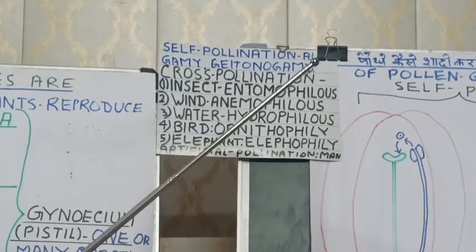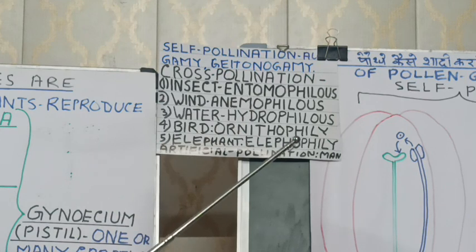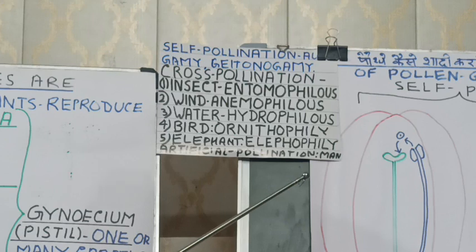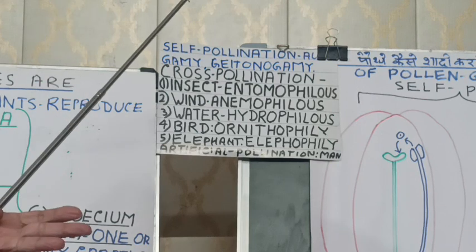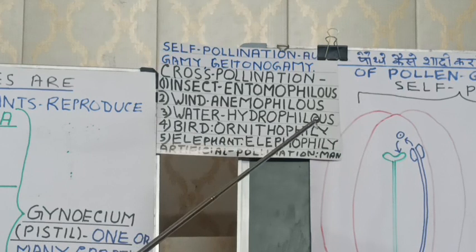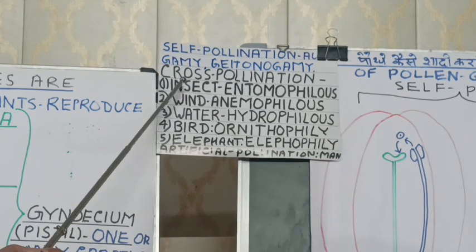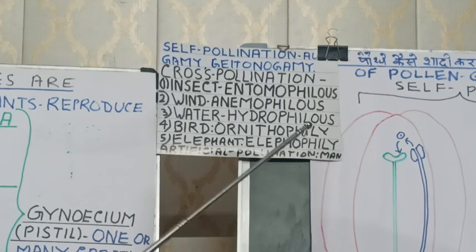There is a possibility for insect pollination, entomophily. The flowers have very bright colored petals. They have scent, they have nectar, and they are of open type. Then for wind pollination, anemophilous pollination, what happens?